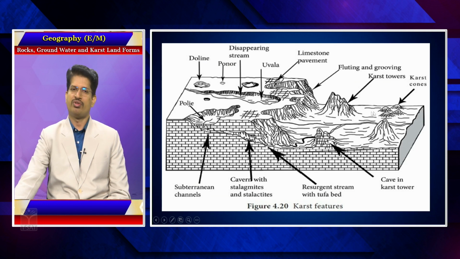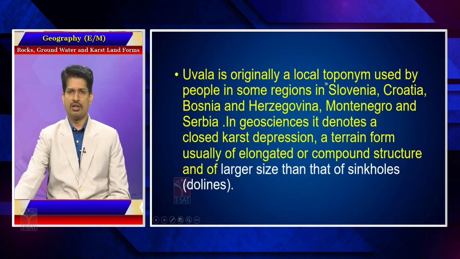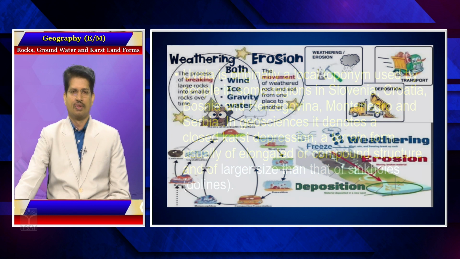It leads to the formation of different structures known as karst cones. Uvala is originally a local term used in certain countries like Slovenia, Croatia, etc. This is the vocabulary used in these countries. It is larger in size than a sinkhole.